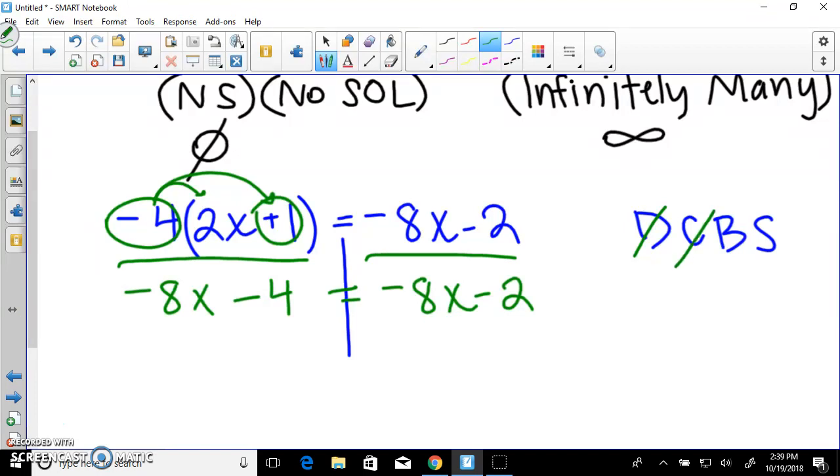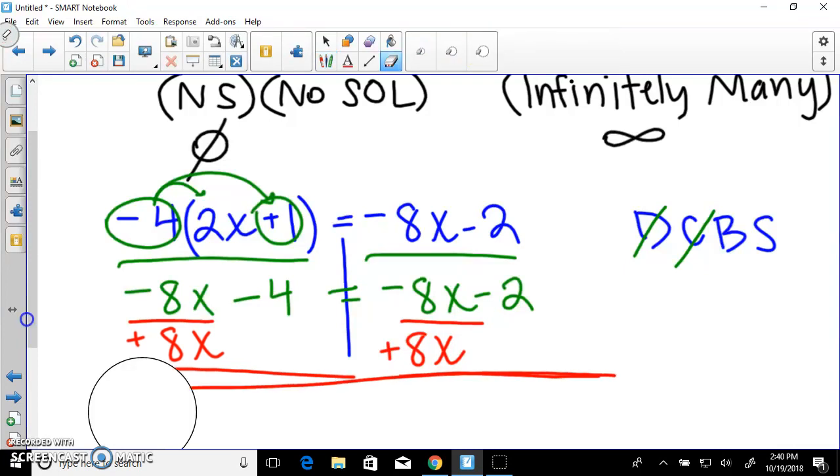Bring all variables to one side. Well, I see that I have a -8x here and a -8x here. We're going to pick one of them. Let's say I pick this one. I want to make a 0 pair with -8x, so I do that by doing the opposite, adding 8x. So let's add 8x to both sides.